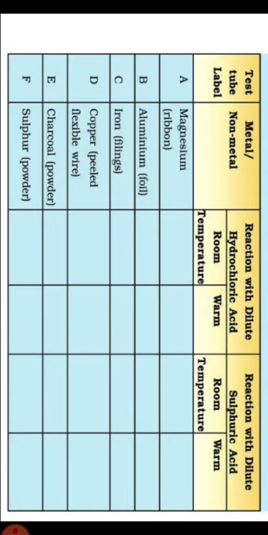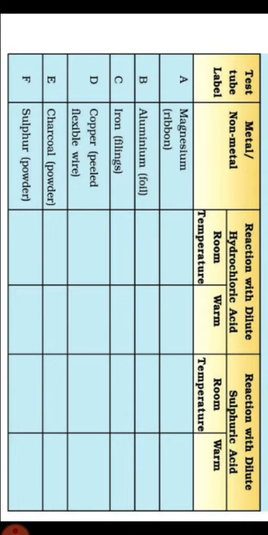In test tube A, we have taken magnesium. When we put 5 ml of dilute sulfuric acid in test tube A, we see that at room temperature it reacts and gives out hydrogen gas, and when we warm, a rapid reaction takes place. That means hydrogen gas is released rapidly.